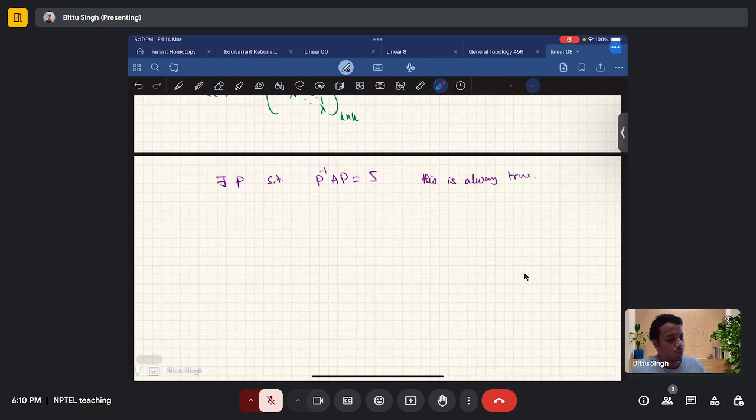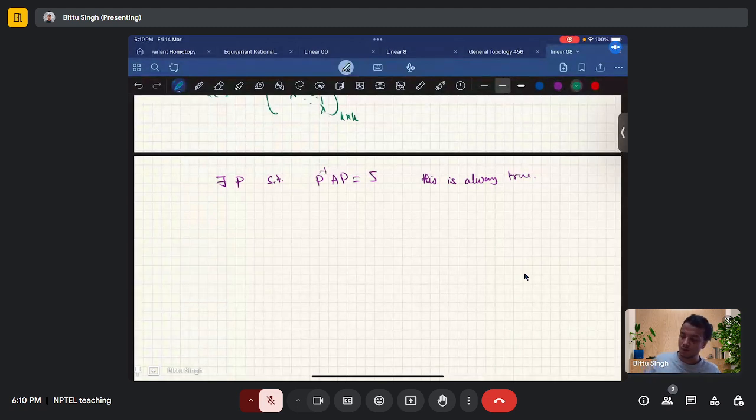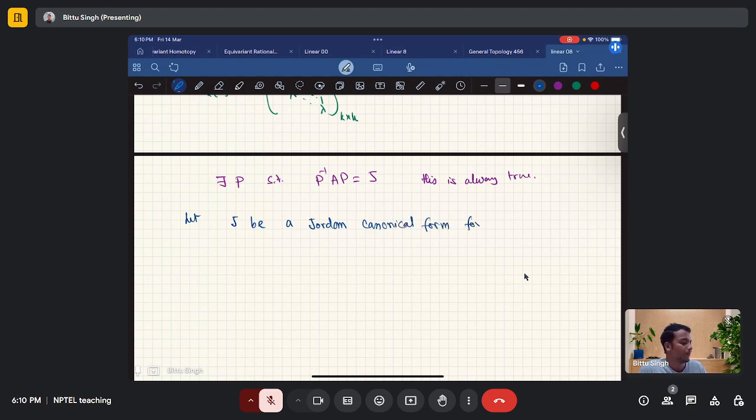For every matrix, this Jordan canonical form J is unique up to rearrangement. What properties can be obtained from this Jordan canonical form? Let J be a Jordan canonical form for A, that is, P inverse AP equals J. Then we can get some properties.